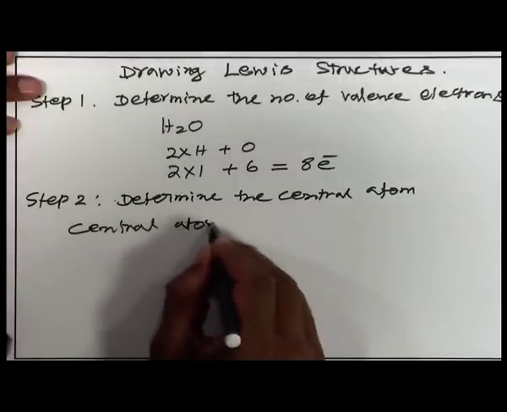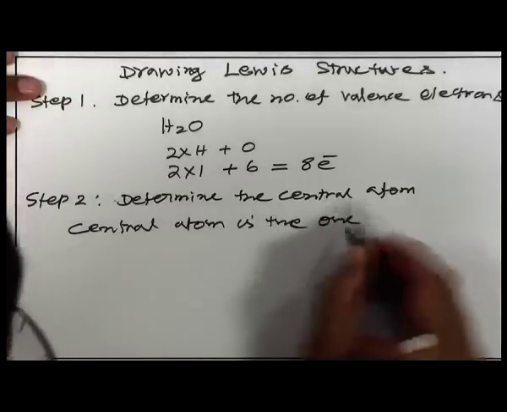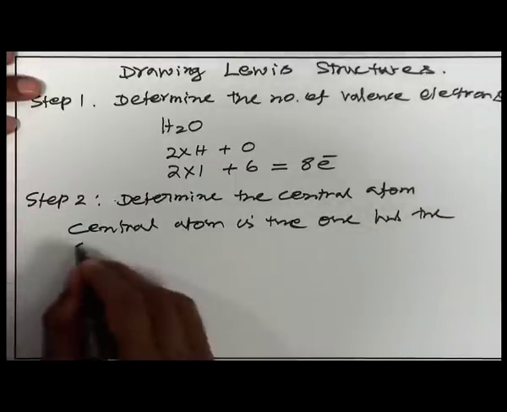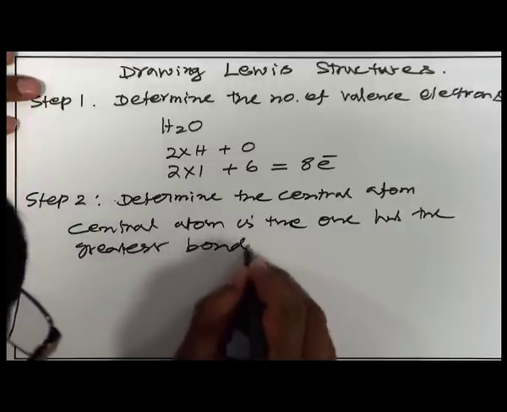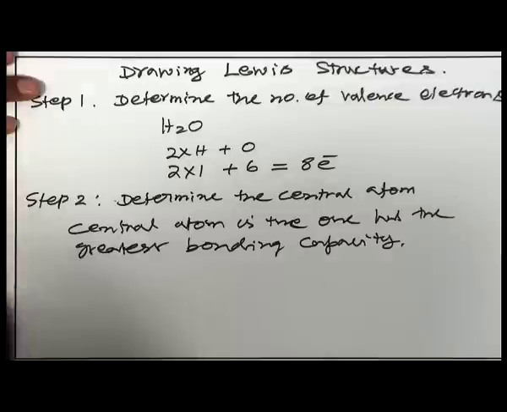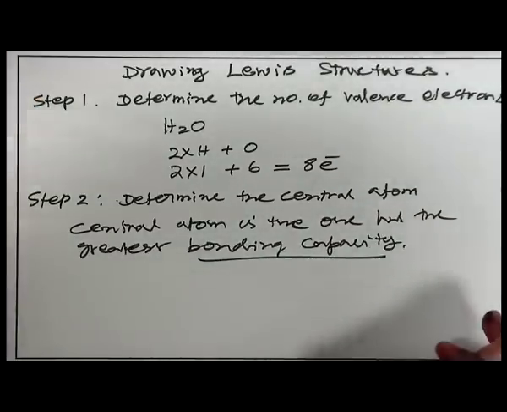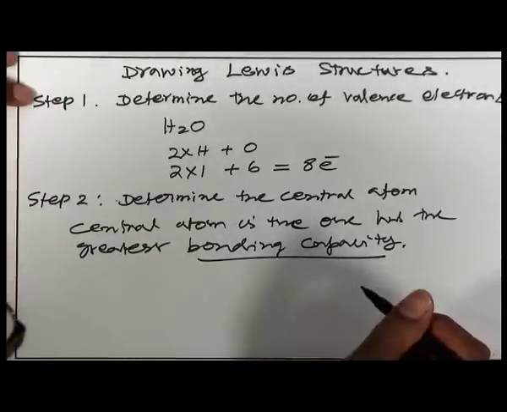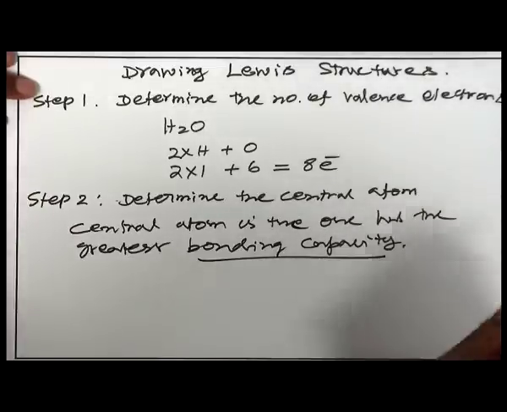The central atom is the one that has the greatest bonding capacity. What is bonding capacity? Bonding capacity refers to the number of unpaired electrons present on an atom.